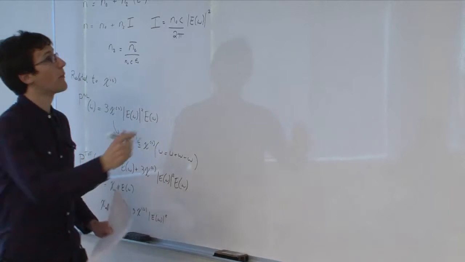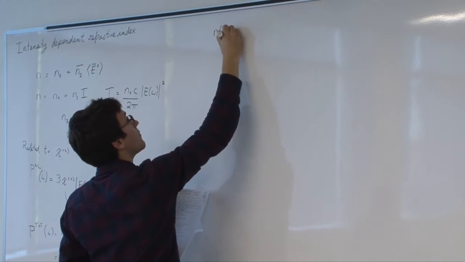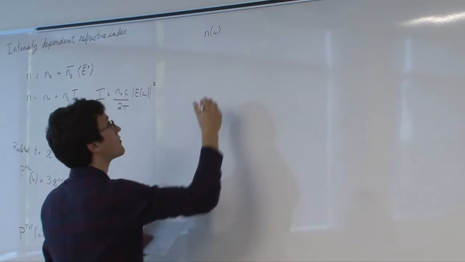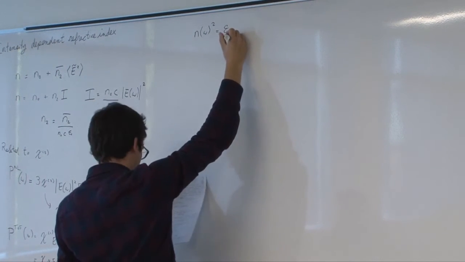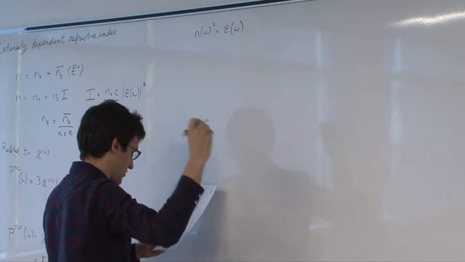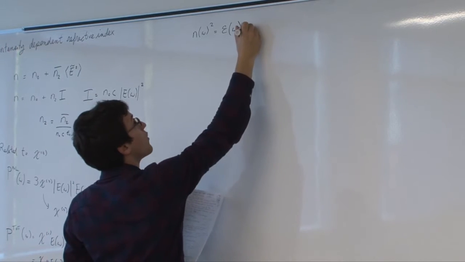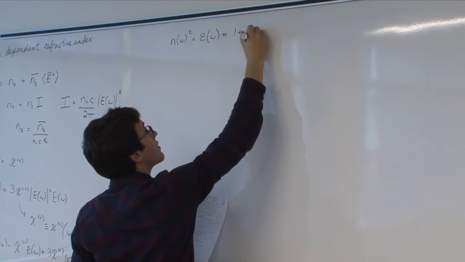Okay, so we know from Maxwell's equations that the refractive index squared is simply equal to the dielectric constant, and this is equal to 1 plus chi effective.